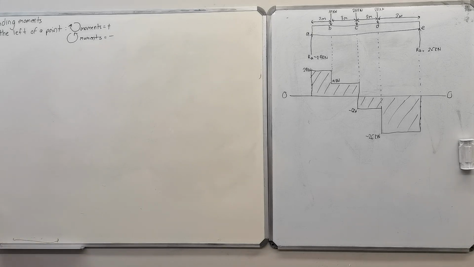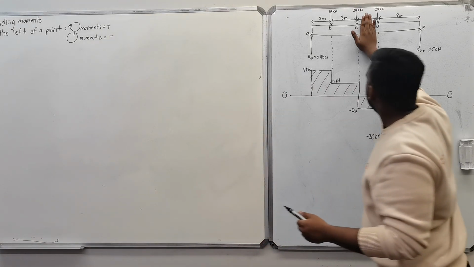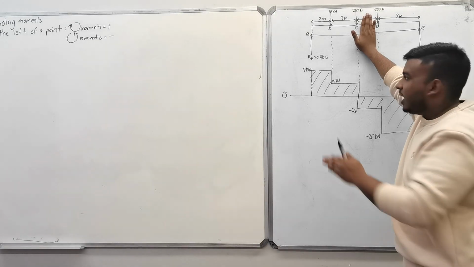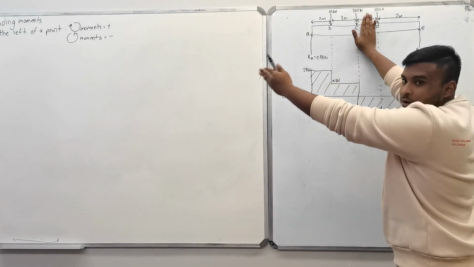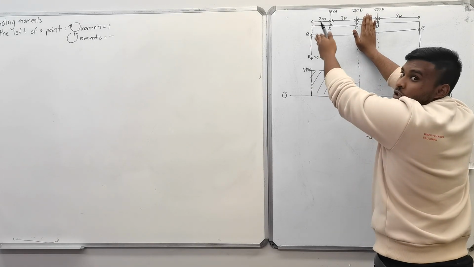Because if you're only considering to the left of a point, all the forces that act upwards would be a positive force, all the forces that act downwards would be a negative force. If I'm considering point C, everything to the left of it, for this portion to move in a clockwise direction, it needs to be pushed upwards.